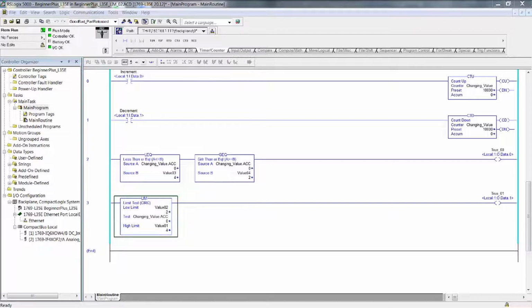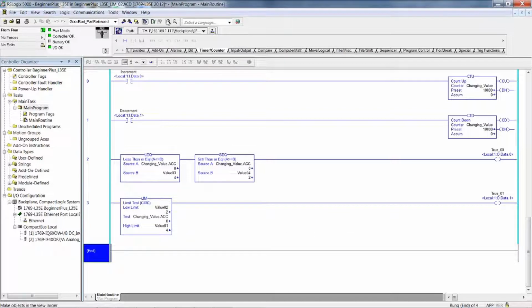Here we have kept the less than or equal to and the greater than or equal to, with values 3 and 4. It's the same rung, but we switched the output of that rung to true 0 from true 1, and we added the limit instruction, which we want to compare to these two instructions.